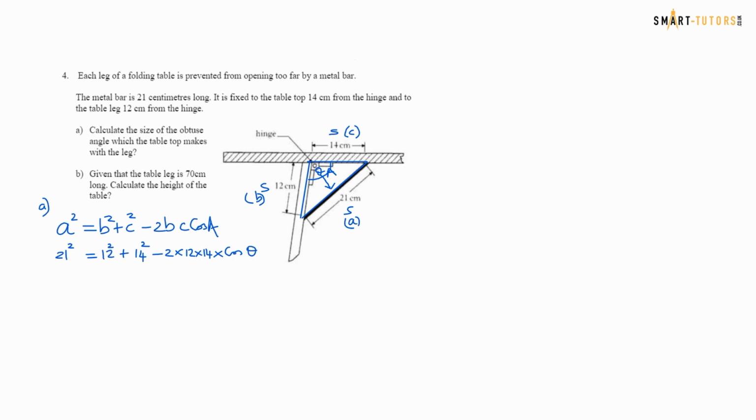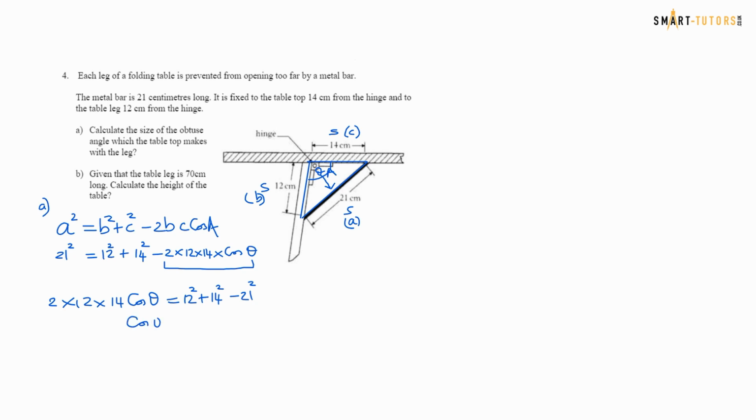Right, now you bring everything to one side. So 2 times 12 times 14 cos theta equals 12 squared plus 14 squared minus 21 squared.